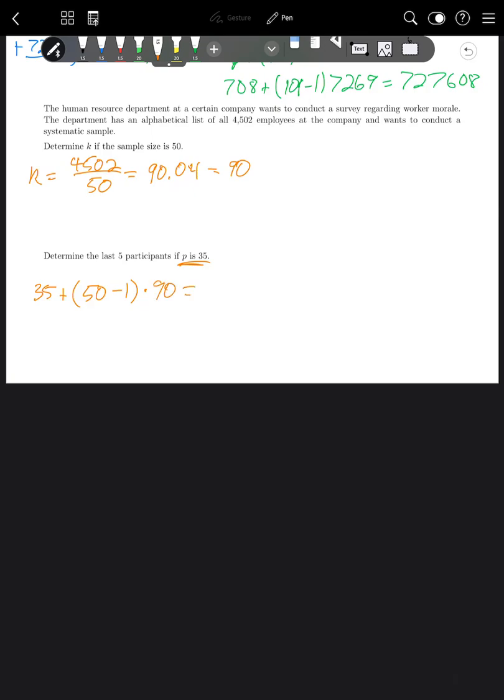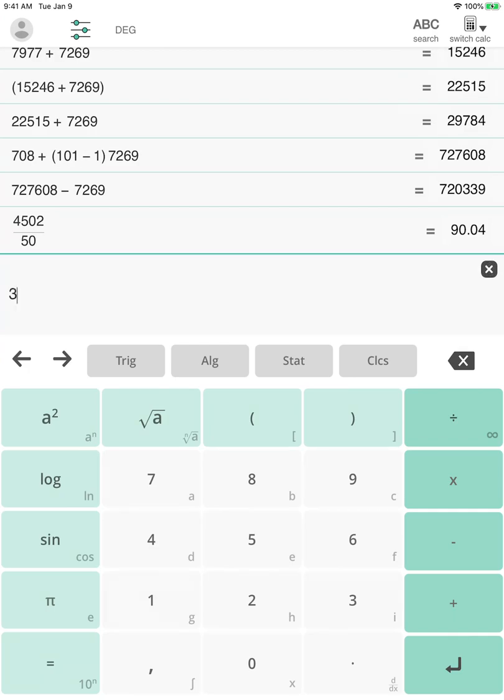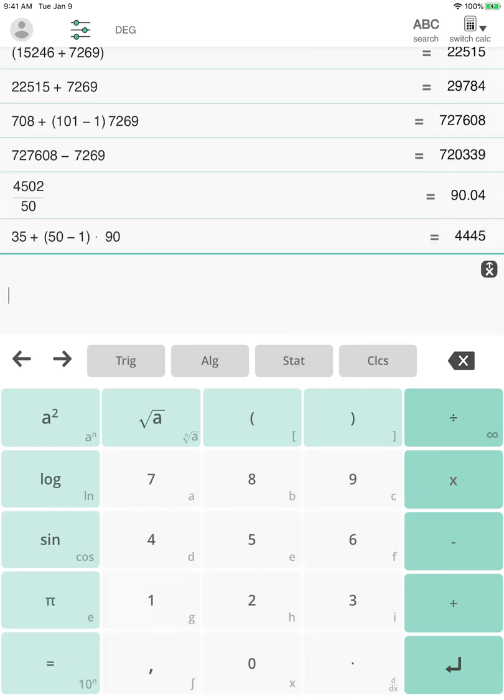Because we want 50 total, so that's our N. So the last participant is the 50th one. So 35 plus 50 minus 1 times 90 is 4,445.